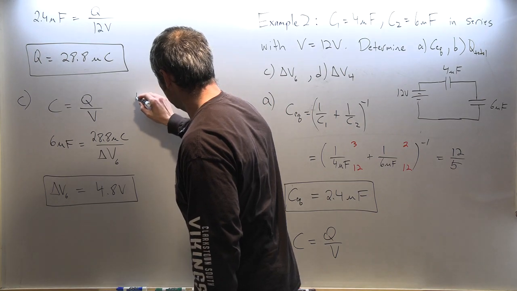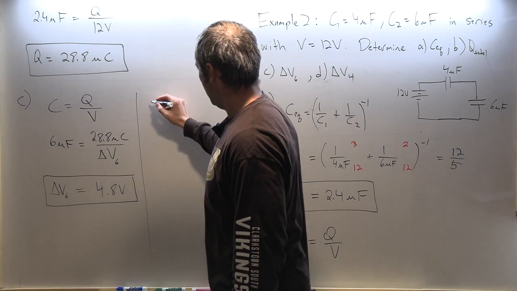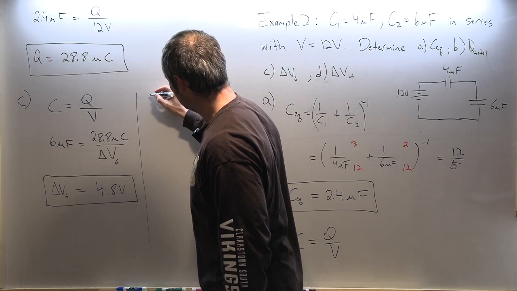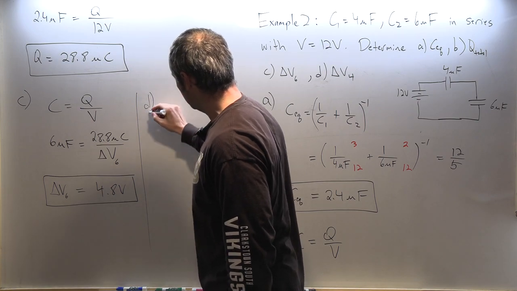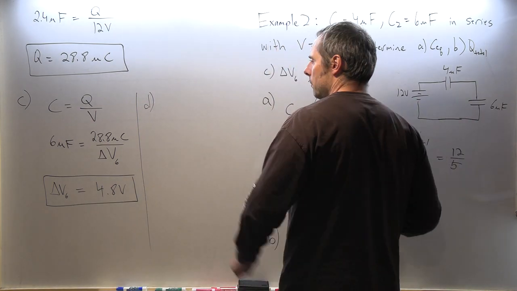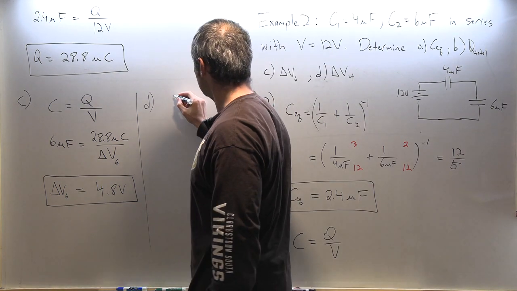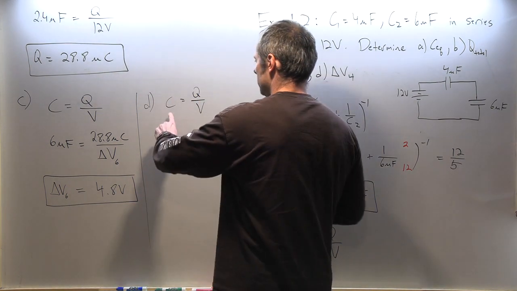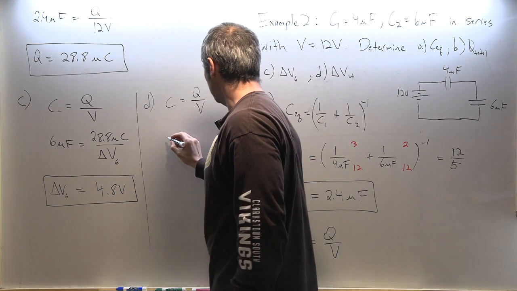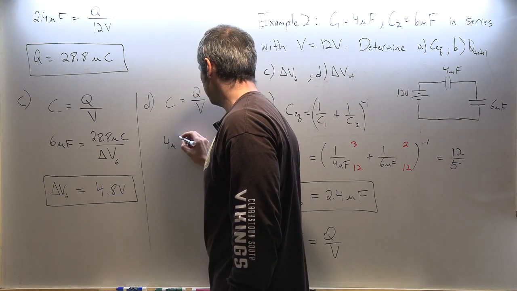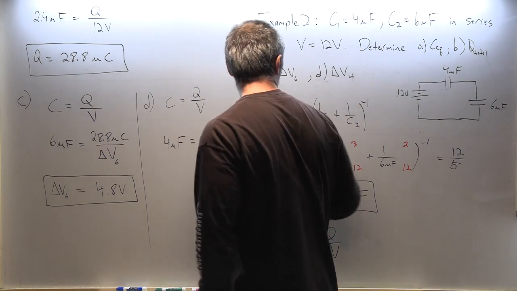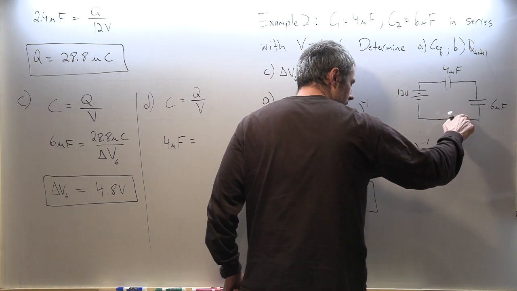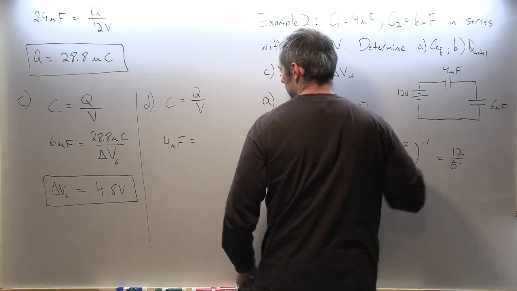Actually, maybe I'll do it here like this. And part D, to find the volts in the 4 microfarad, I could repeat this process. C equals Q over V. If I use the capacitance of the 4, which is 4 microfarads, and the charge, again, 28.8 came out, 28.8 here, 28.8 here.